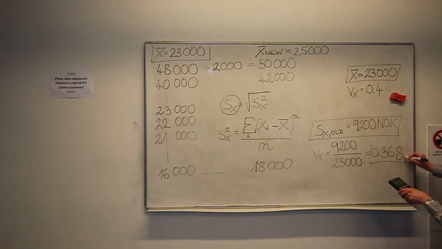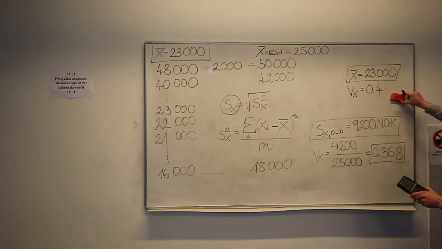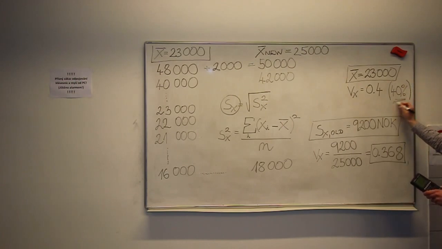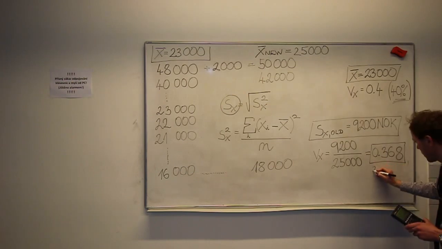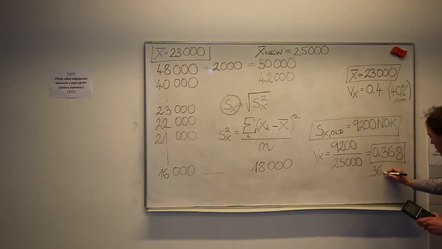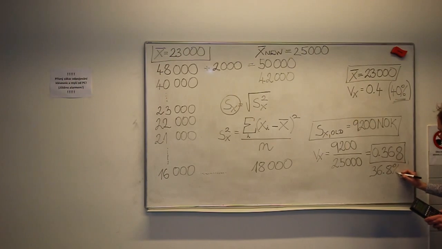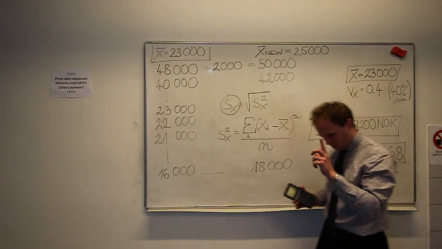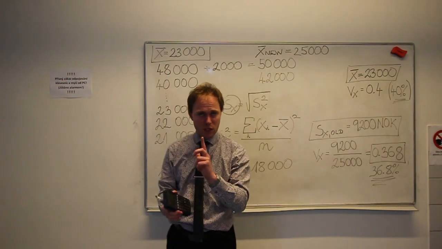The new variation coefficient is equal to 0.368. Yes, so the original variation coefficient was 40%, and the new variation coefficient is 36.8%. So the new variation coefficient decreased.